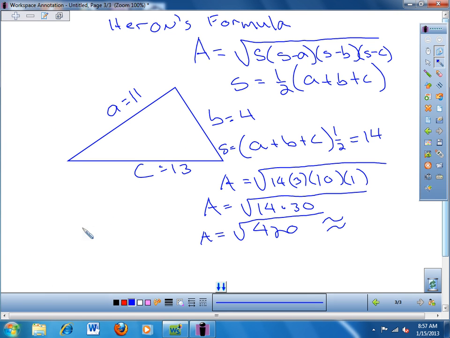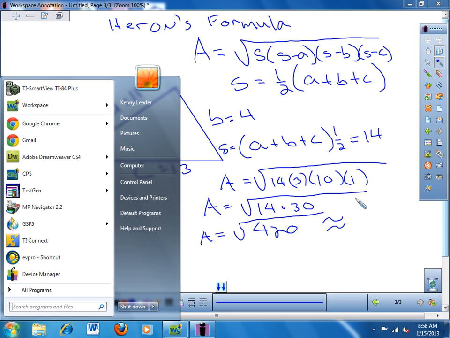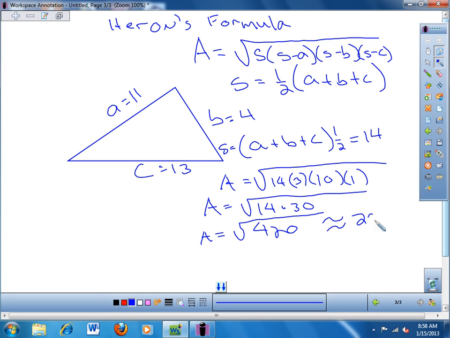That comes out to be about 20.5, about 20, whatever your units happen to be. Maybe they're squinches.